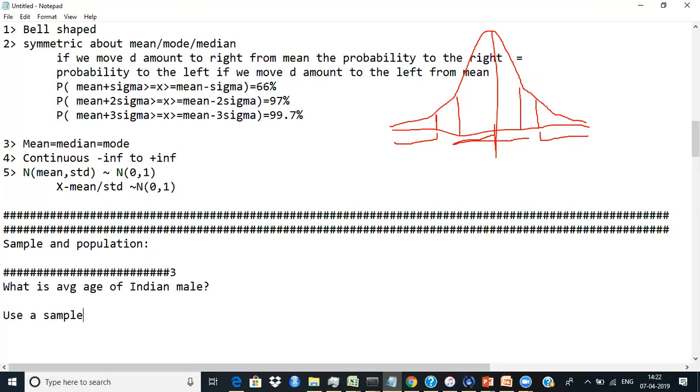A sample means a small portion of the population, and you somehow try to guess the population average. You will get a sample and use some method to get a good guess about the population average. All of you agree?